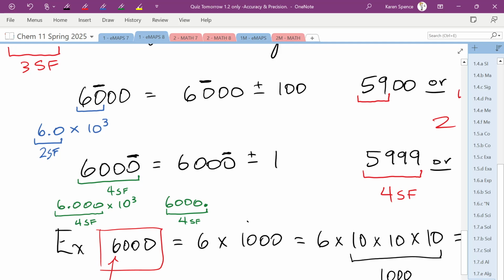So what we're going to do now is we are going to apply our knowledge. We are going to be on page 97, 1.5a.